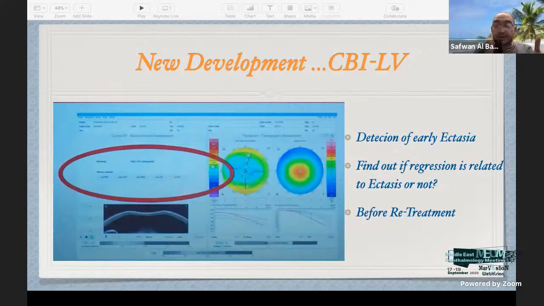So whenever you had a corneal surgery, the old software was saying that it is a bad TBI. Now we have a new step forward with this software.